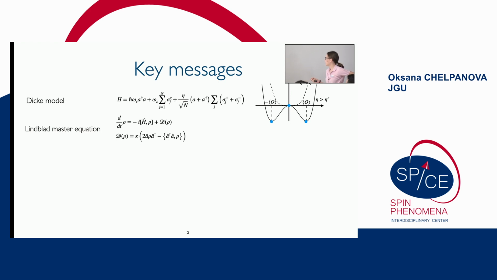When the coupling eta is very small, smaller than critical, the observables like the cavity field A and the spins sigma plus, sigma minus equal 0, so we are at this point. But when we increase the coupling above critical, two non-trivial solutions both for the cavity field and for the spin sigma appear, which correspond to the superradiant phase, the stationary superradiant phase.